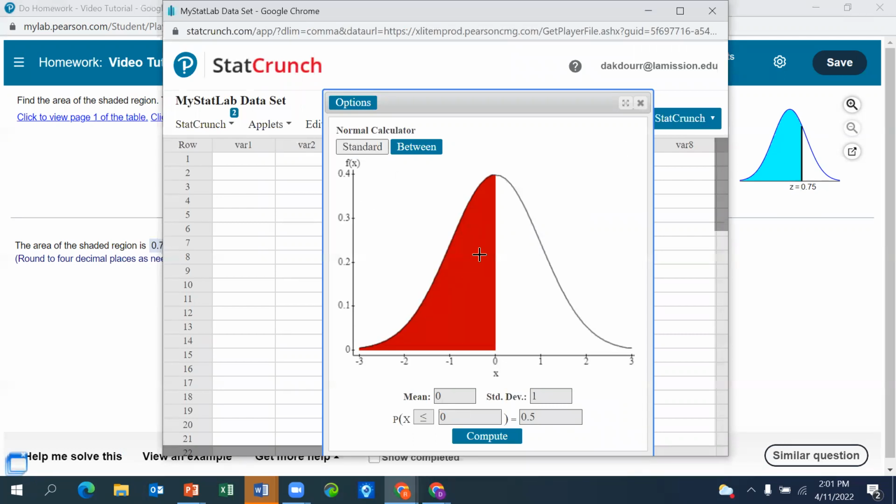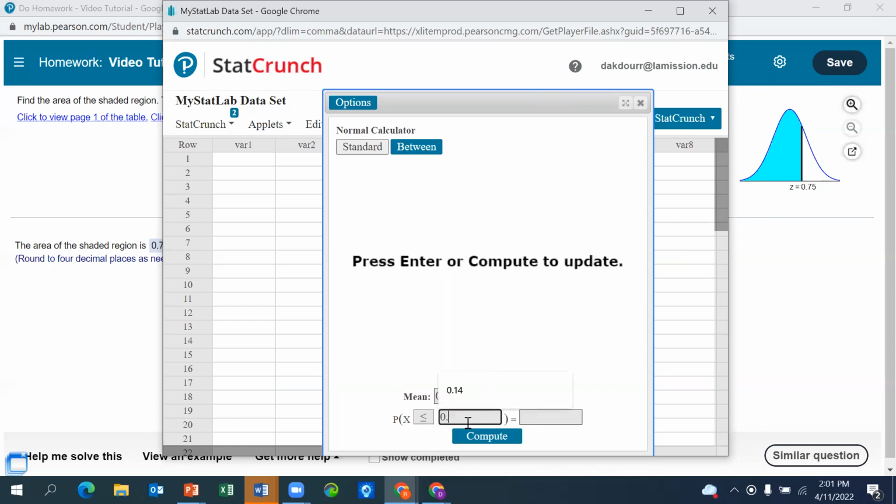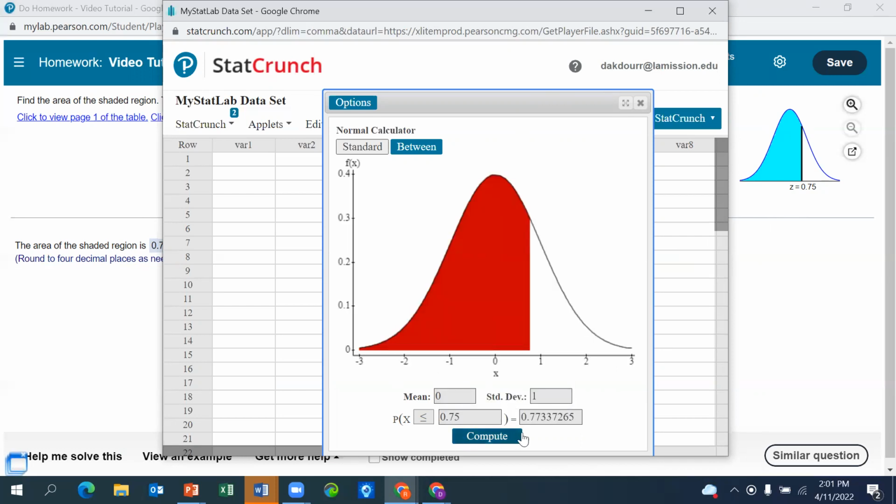You want the area to the left of 0.75, so it's standard, and that's what's usually selected, standard. And it's a z-score, so the mean is 0, the standard deviation is 1. We want the area to the left, that is the left of 0.75. So 0.75. And there it is, it's 0.7733.